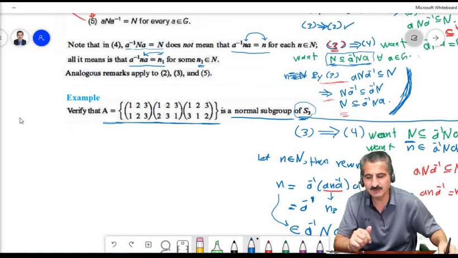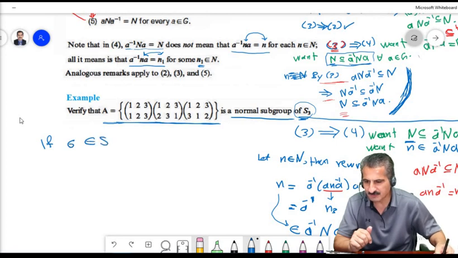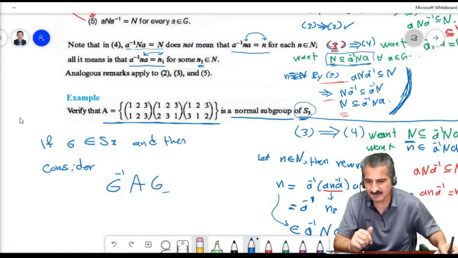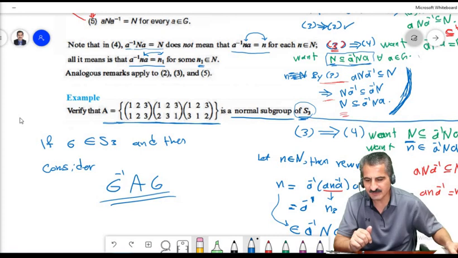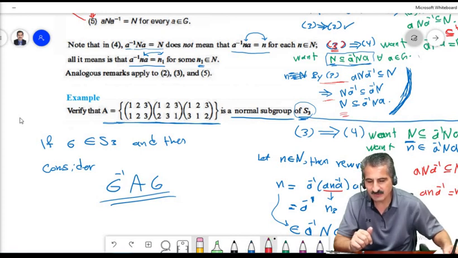And we know that. Now choose a sigma that belongs to S3 and consider sigma inverse A sigma. You have shown this is also a subgroup of G. Our G here is S3.